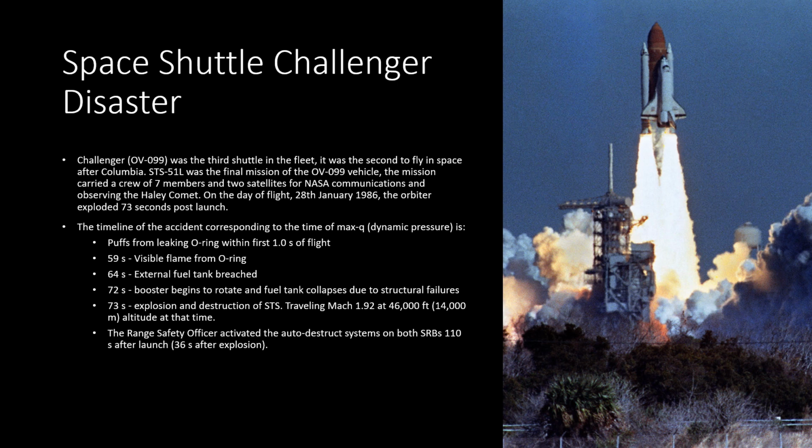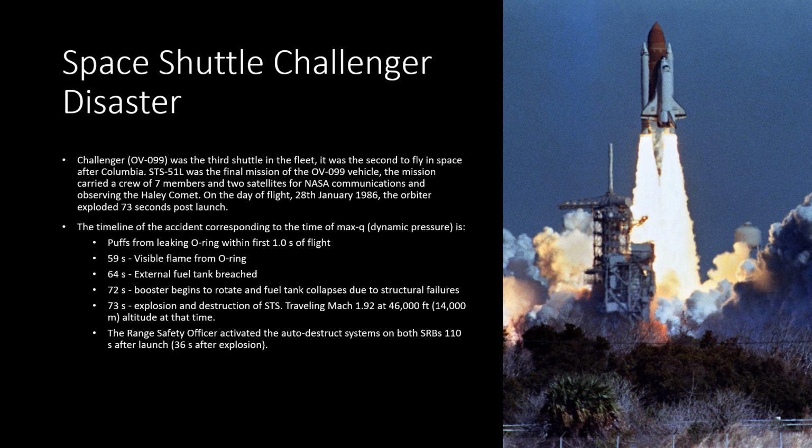The timeline of the accident, corresponding to the time of max Q, which is also known as the maximum dynamic pressure, is as follows. Puffs of smoke from a leaking O-ring within the first second of flight. During the 59th second, a visible flame from the O-ring was observed.